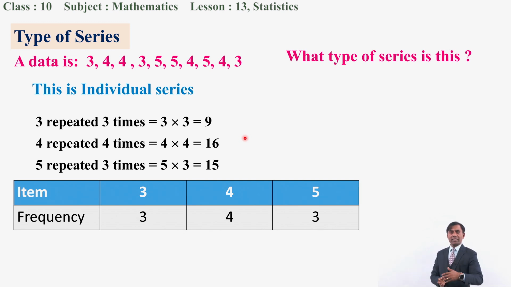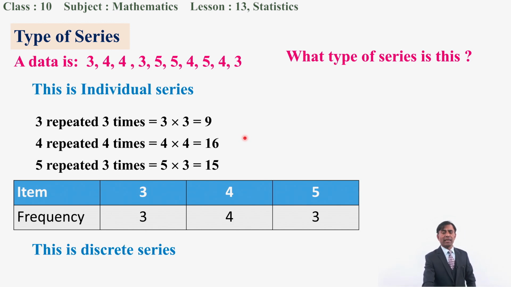When we see the data given this way, what type of series is this? Surely this is called a discrete series. These 2 types of series we have learned in class 9.